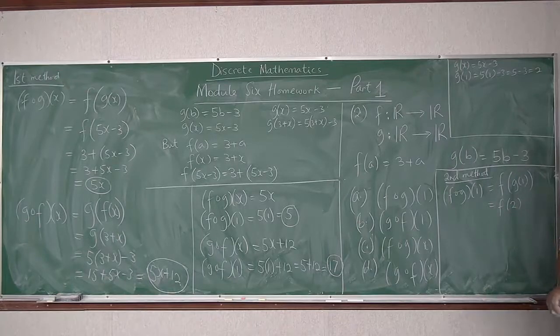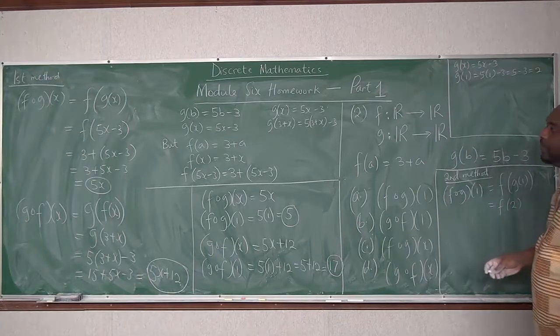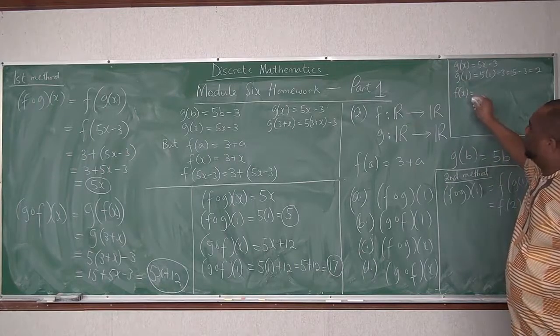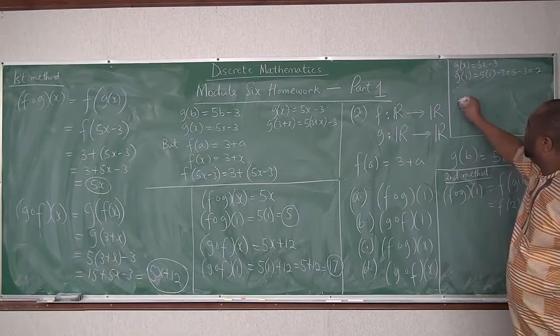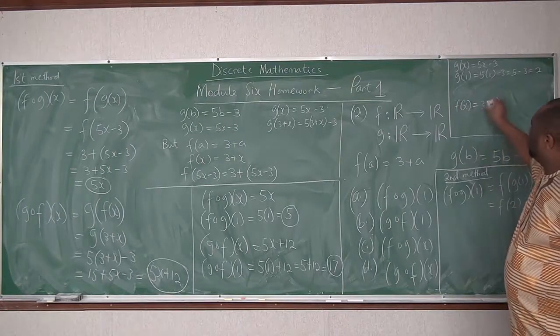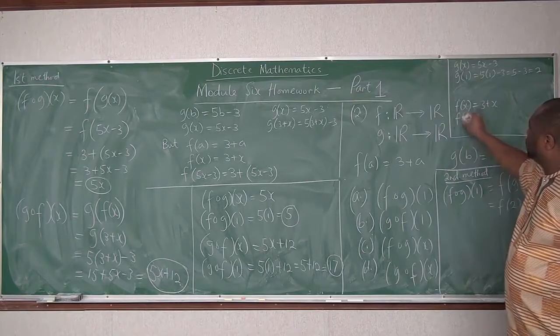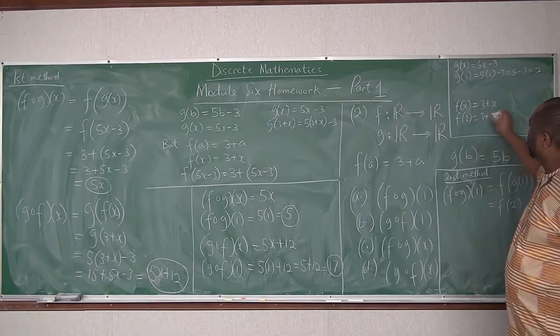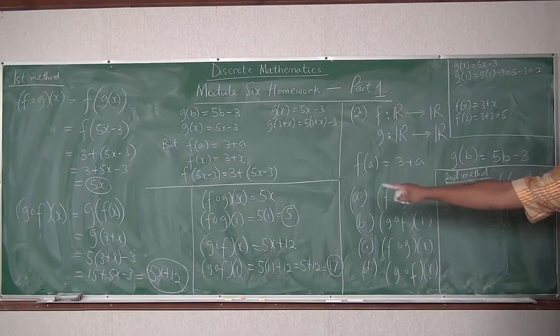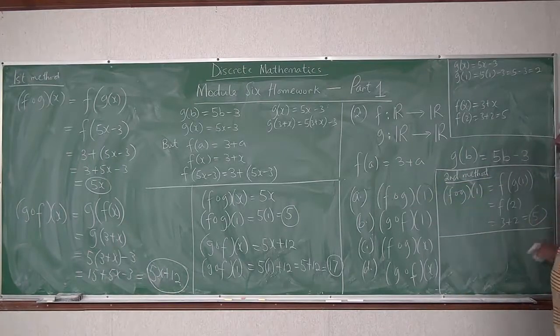Then, my f of x is 3 plus x. So my f of 2 will be 3 plus 2, which is 5. And that is what we got here, the same thing, 5.